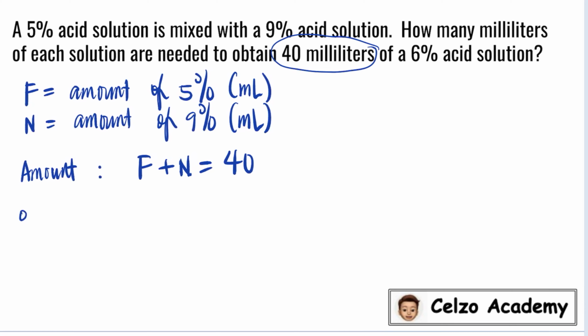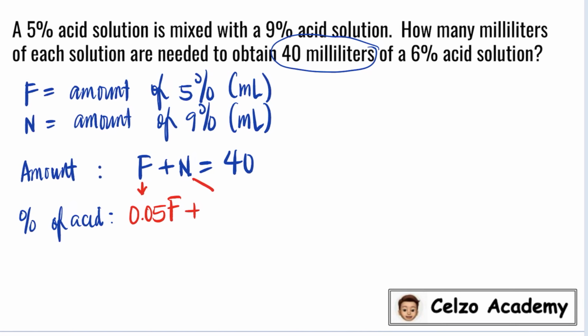The second equation is based on the percent of acid in each solution. To get the second equation, we will multiply the first equation by the corresponding percentage of acid solution. Since the variable f has 5% acid, we will multiply it by 0.05, which is now 0.05f.